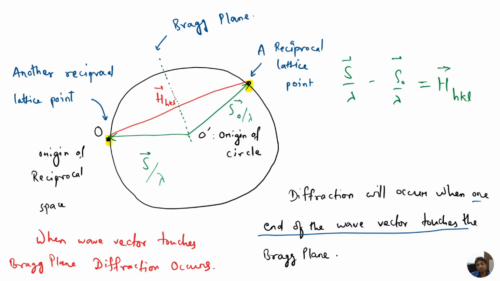Taking this as origin, we make a sphere, and whatever points overlap with this sphere satisfy the condition. When this is the case, we have a diffraction, so that's where we get a diffraction signal. What is the S here? Is S the distance? No, S is the direction; lambda is the wavelength.